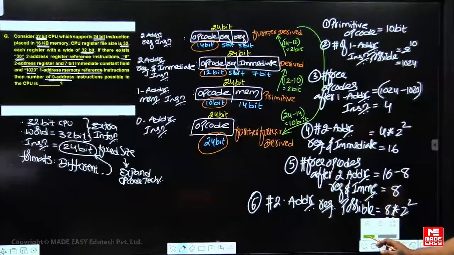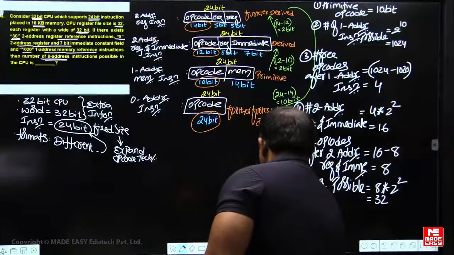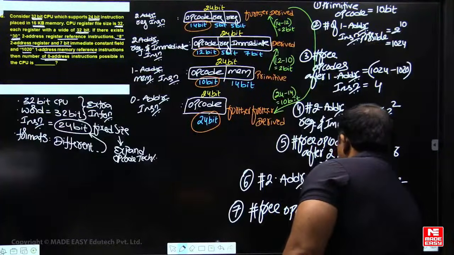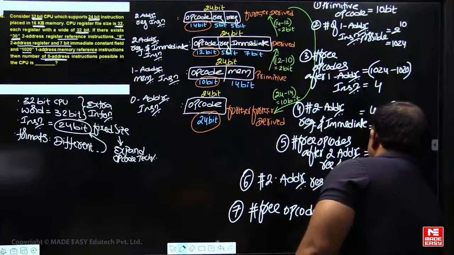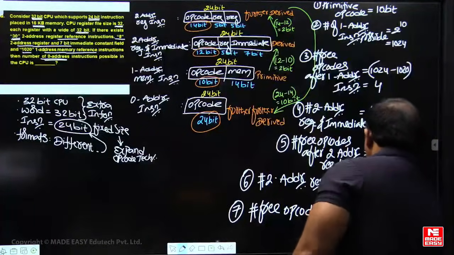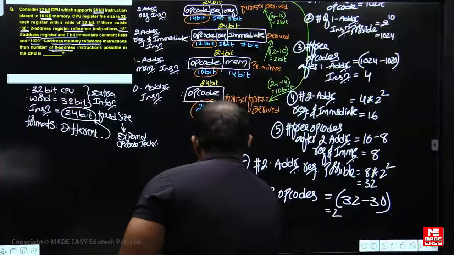How many are already existing? 30. Therefore, free opcodes after two address register instructions: 32 minus 30, that becomes 2. Now use these free opcodes for the zero address.